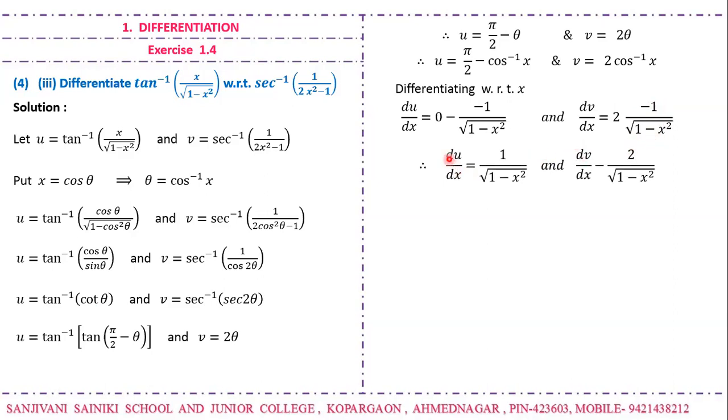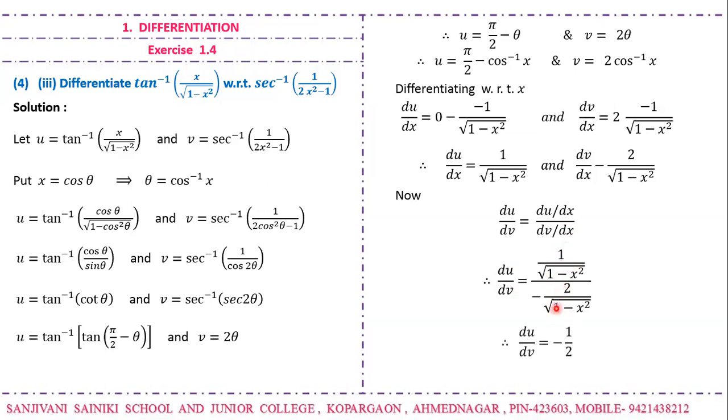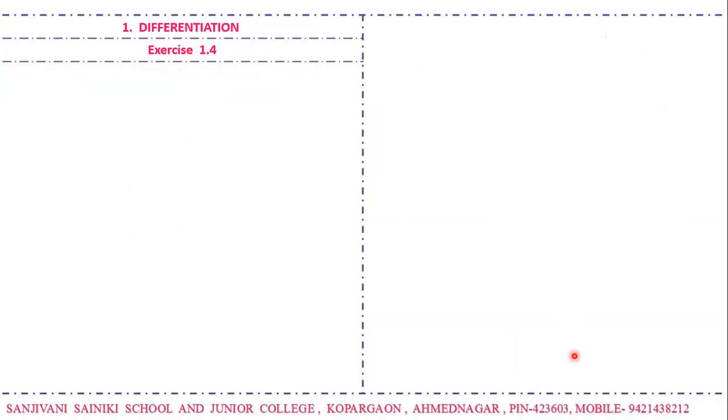So we got du by dx and dv by dx. Now using derivatives of parametric functions, du by dv, derivative of one function with respect to another function, is equal to derivative of the first function upon derivative of the second function. So we got du by dv is minus 1 upon 2.